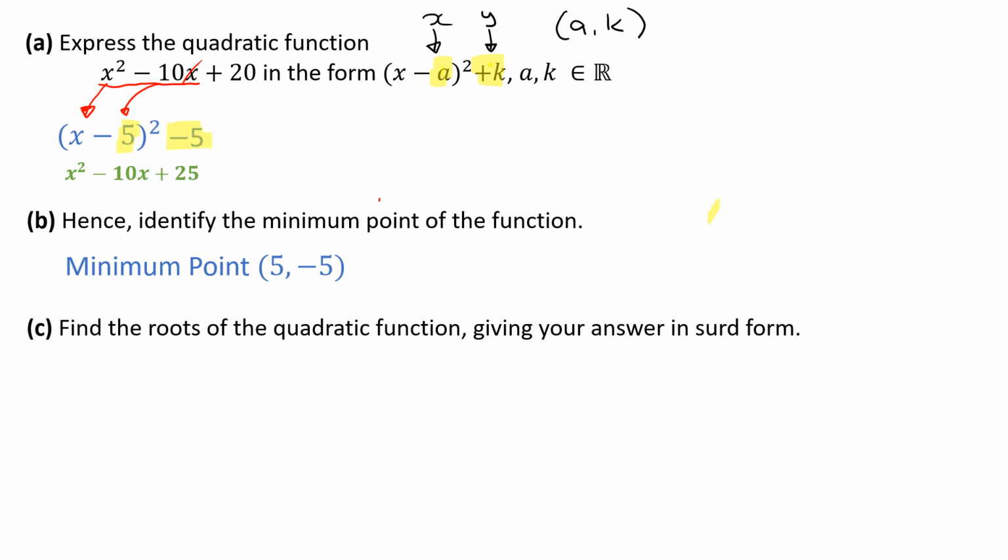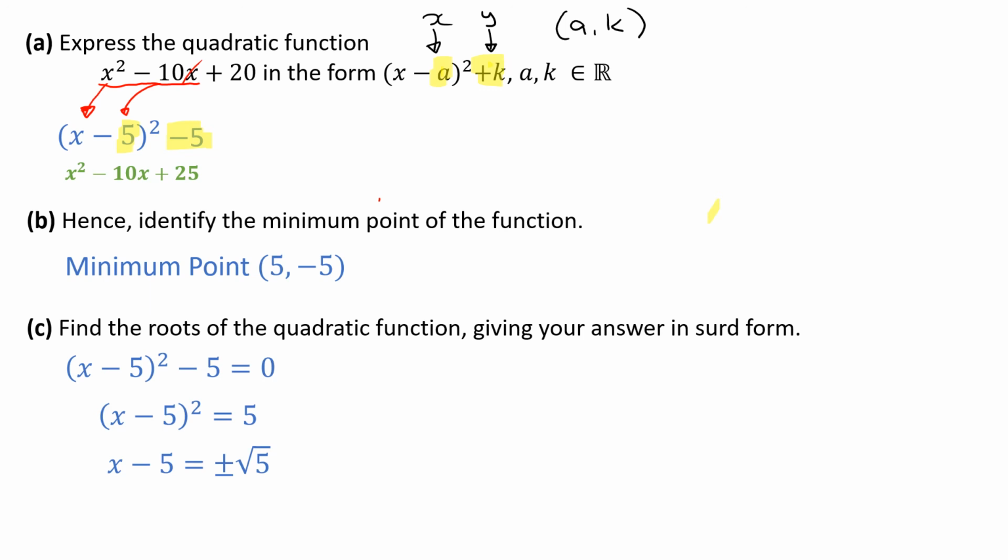Part C then asks us to find the roots of the quadratic function, giving your answer in surd form. Taking what we've worked out in part A, we're going to solve that. We're going to let that equal 0. We add 5 to both sides, and then we square root. We have to be very, very careful to put in our plus and minus before we put on the square root.